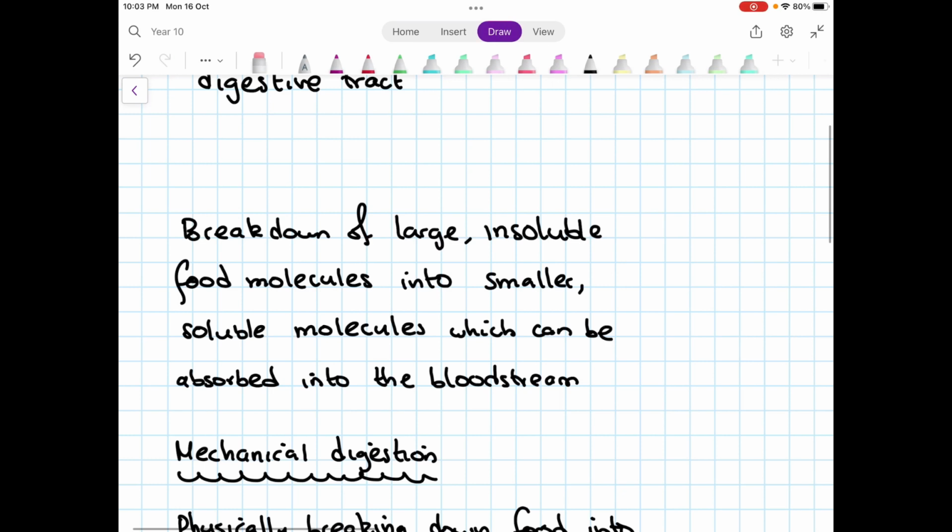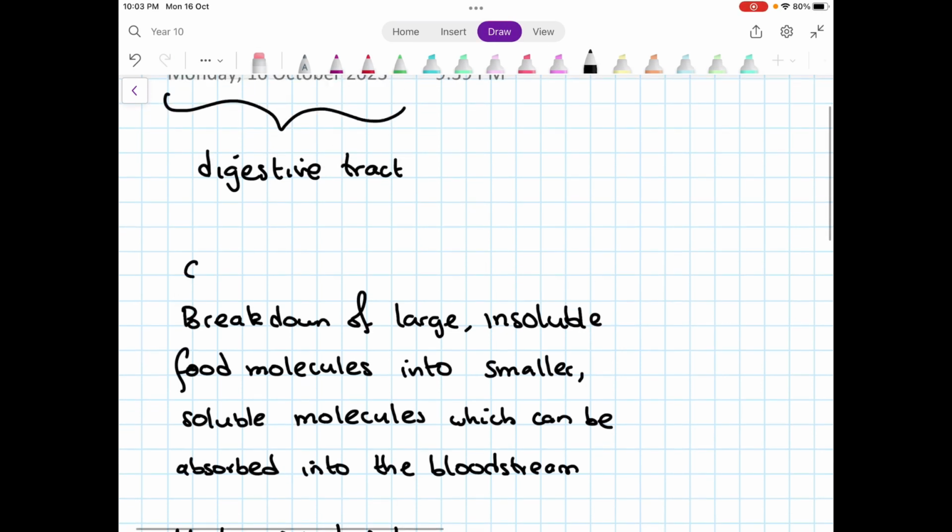And I think this definition applies more so to chemical compared to mechanical digestion, because it involves altering the chemical composition of molecules.